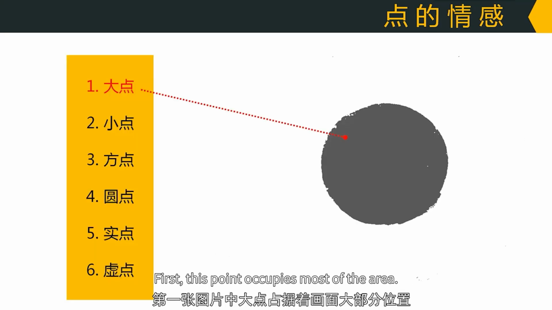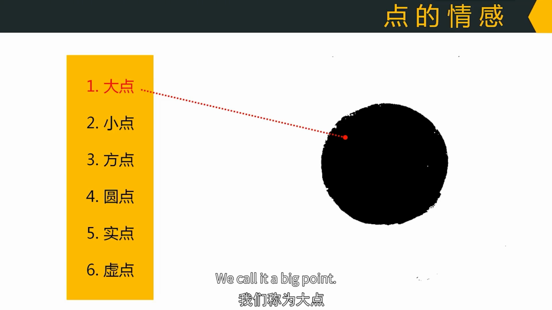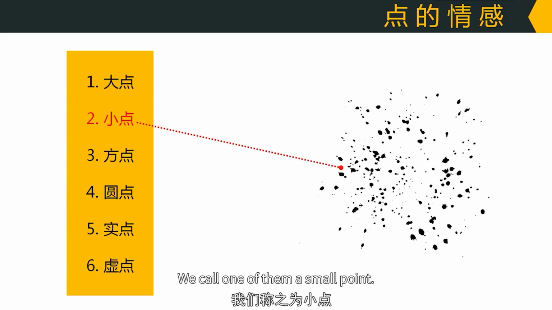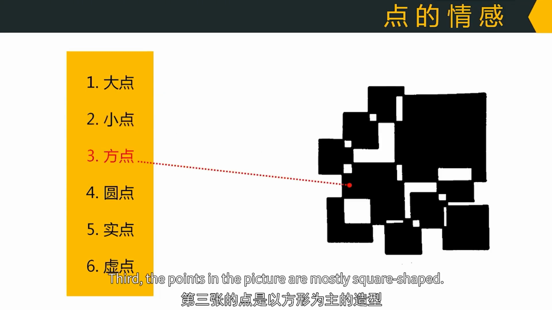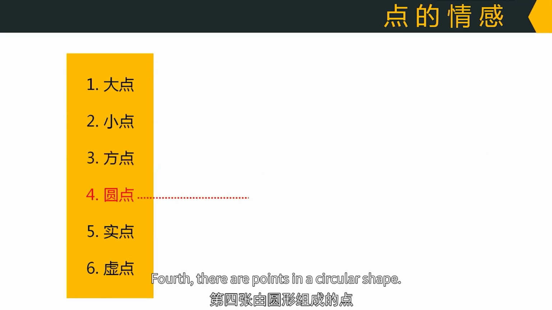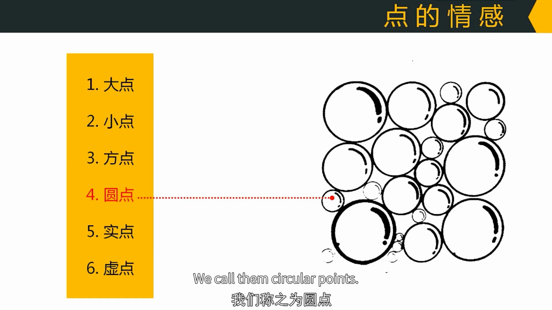First, this point occupies most of the area. We call it a big point. Second, this picture consists of many small points. We call one of them a small point. Third, the points in the picture are mostly square shape. We call them square points. Fourth, there are points in a circular shape. We call them circular points. 5.